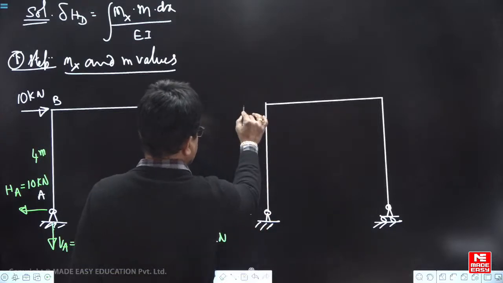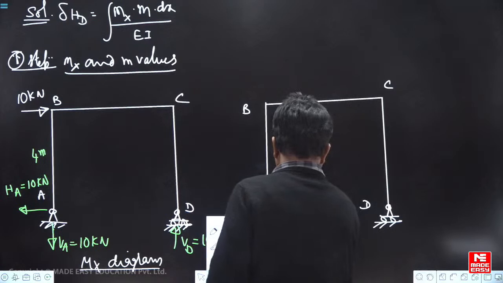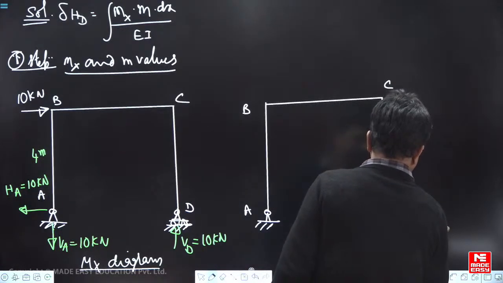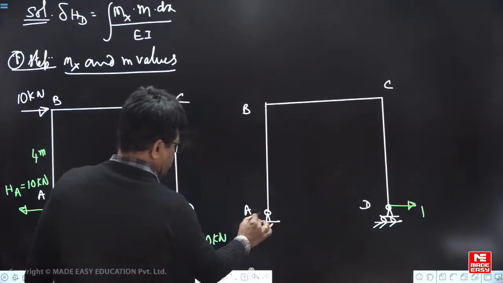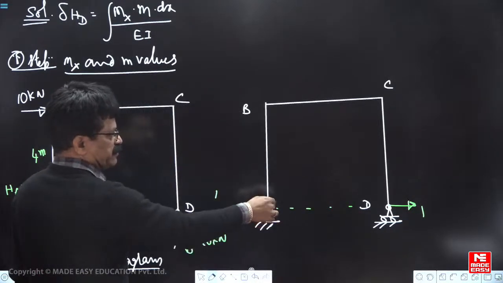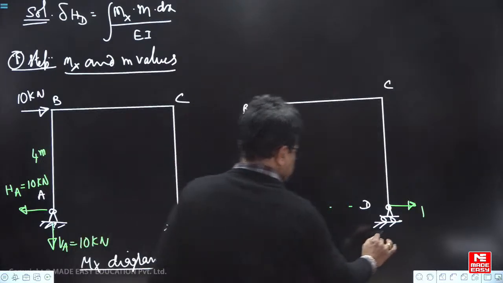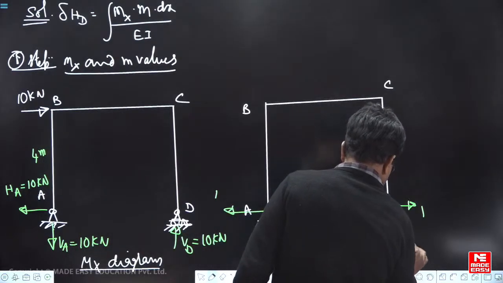This point let us say A, B, C, D. You are applying 1 here and this one has no units because A here at same level. This also must be 1. Since they don't form any couple, VA has to be 0, VD has to be 0.